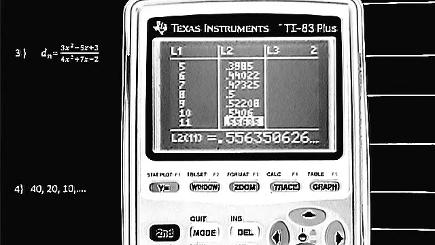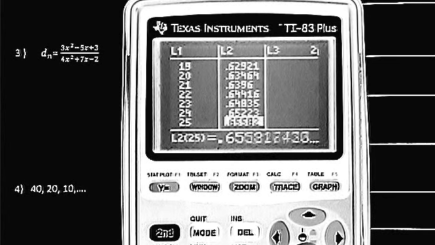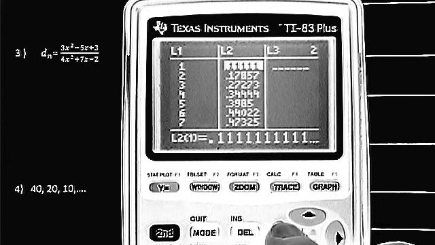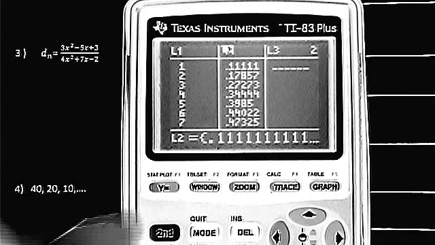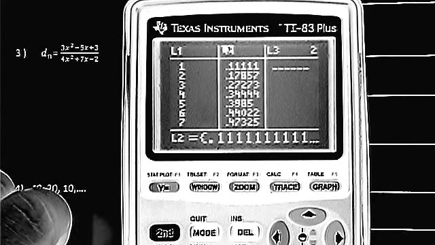It looks like they continue to get bigger, but is it slowing down? That's the question. I'm not sure. Maybe I do need to go to 150. Let's just do that. Let's just do the sequence. Oh man, that's going to take forever to type that thing in.